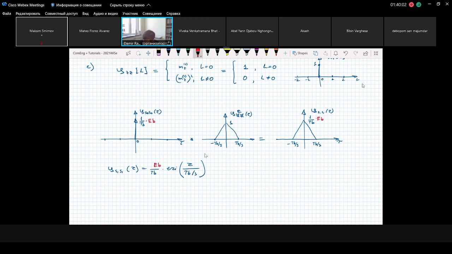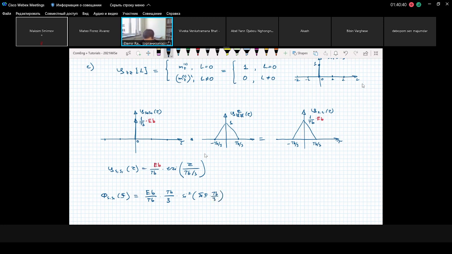Absolutely right. And now we can find how the power spectrum density will look like. So we have pi S1 of F, and this is simply a triangular shape function. So we have EB over TB times TB over 3, because this is the duration of our triangular function, times sinc square function of pi F times TB over 3.